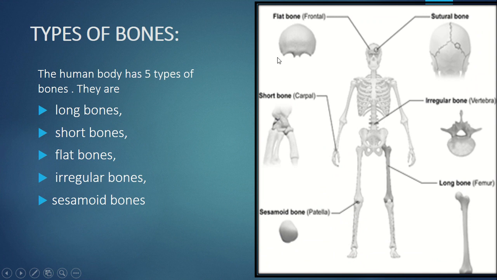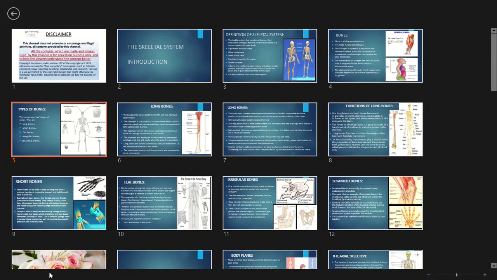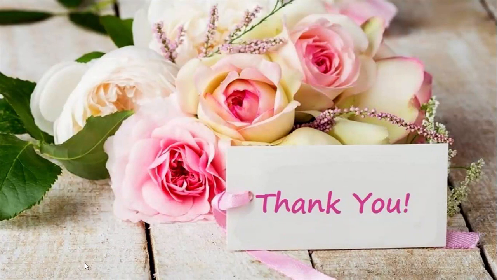In all these bones, compact bone is present on the outside, and the spongy or cancellous bone is present inside, and it contains bone marrow where red blood cells are produced, but the amount of production varies according to the age and the place where they are produced. But in adults, the flat bones are where the higher amount of red blood cells are produced. So thank you so much.